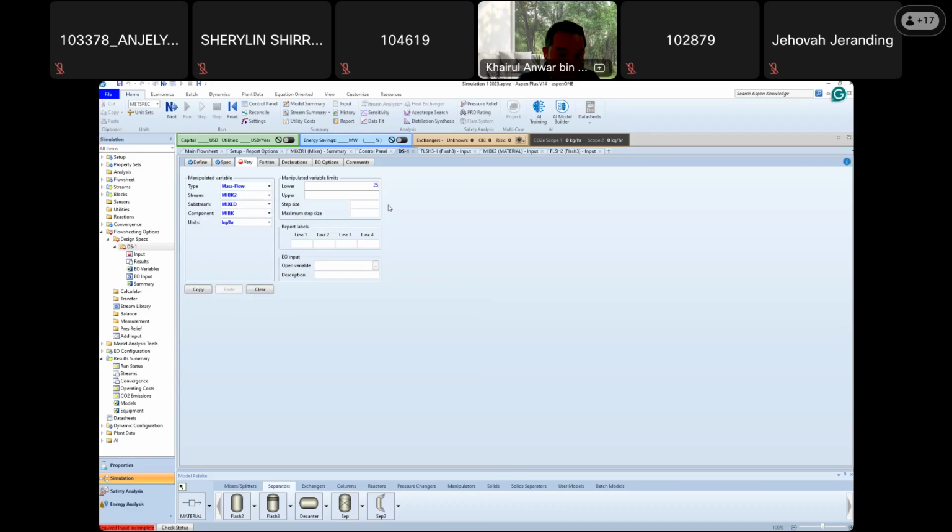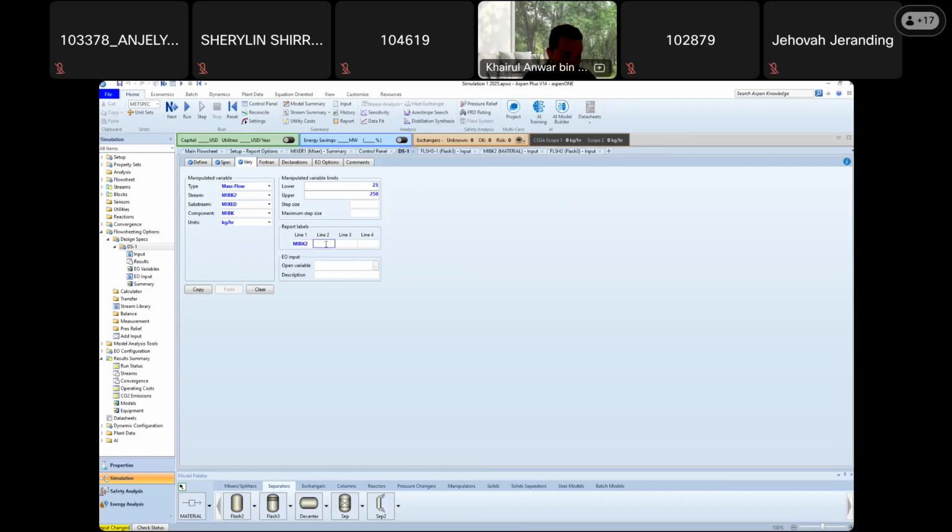So this is the limit for the iteration. What ASPEN does is input the value starting from 35 first, then slowly increasing it. Record level MIBK2.